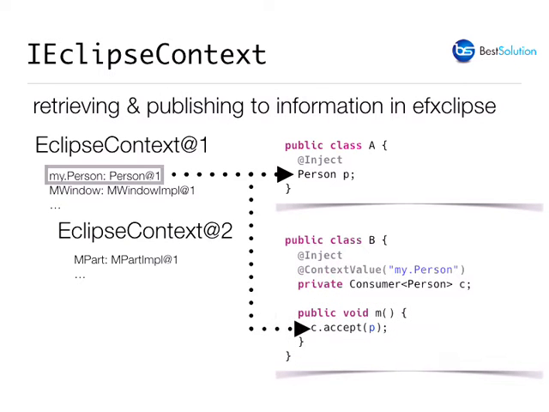This is how the efxclipse runtime layer allows you to access information. Add inject is good, but it allows you to specify a slot in the IEclipseContext, and it gives you a consumer instance, and all you need to do is call accept. This means now your code is free of Eclipse dependencies.